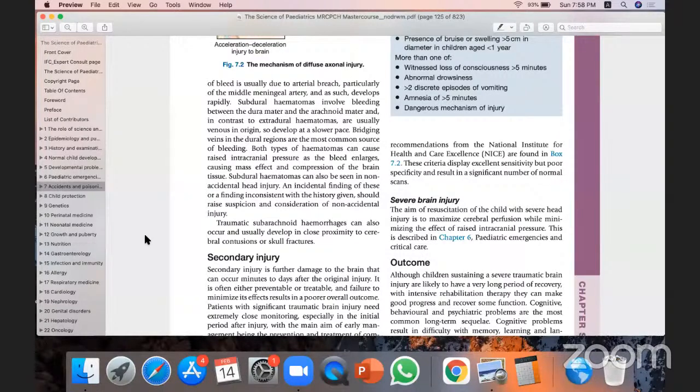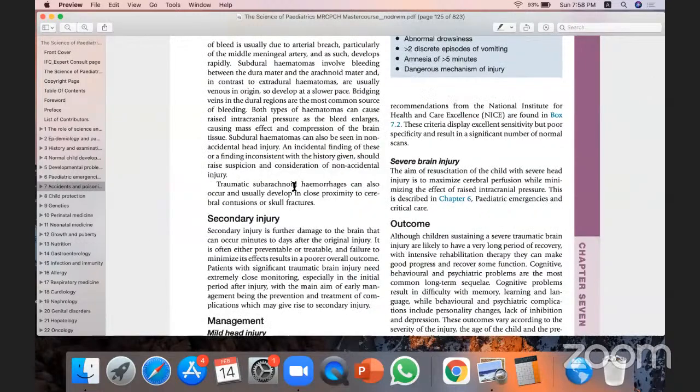So we have two kinds of differential diagnosis: non-accidental injury in the small child, and glutaric acidemia, an inborn error of metabolism. But remember, in a non-accidental injury child, there will be other signs of injury in the body. There will be an oval shaped mark on the chest or something, shaken baby syndrome. And in glutaric acidemia, there will be hypoglycemia and metabolic acidosis.